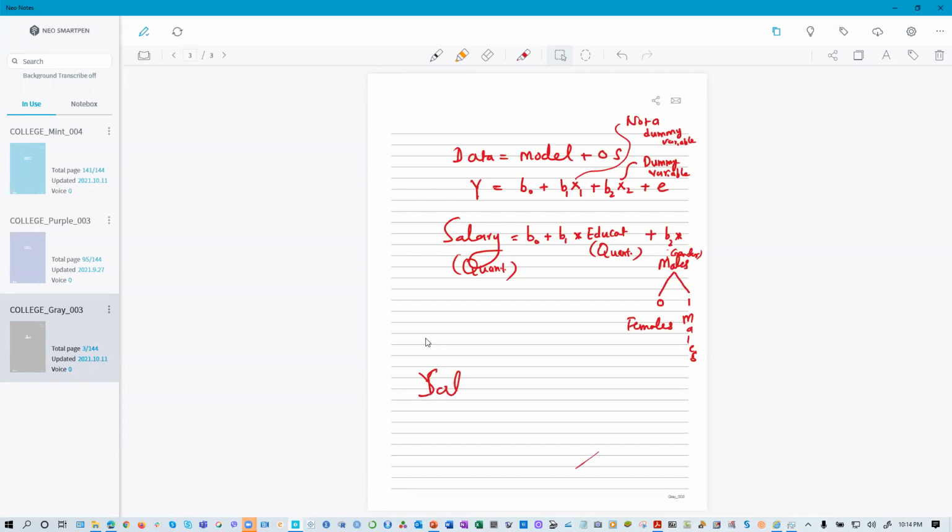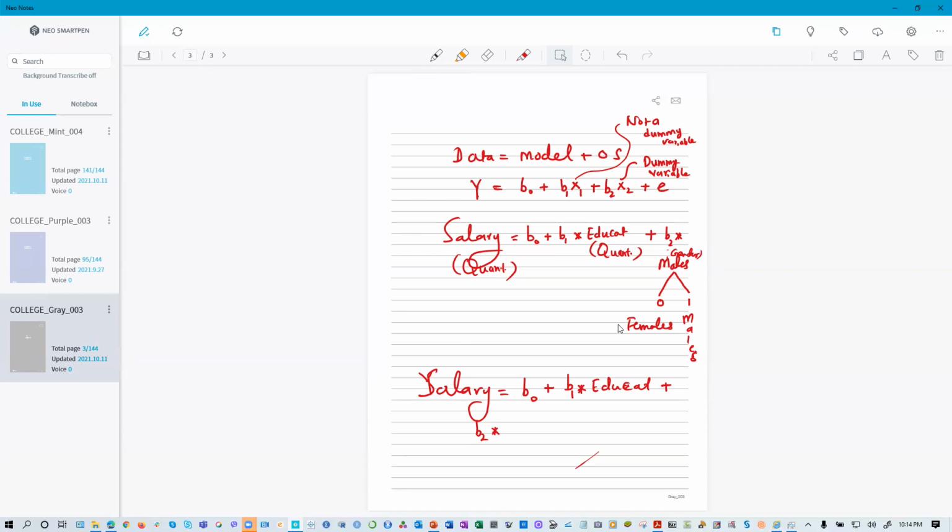Salary equals B0 plus B1 education. You can easily get the B1 by running regression. Instead of putting the main B2, I prefer to put one of the levels, not the gender, not the males.